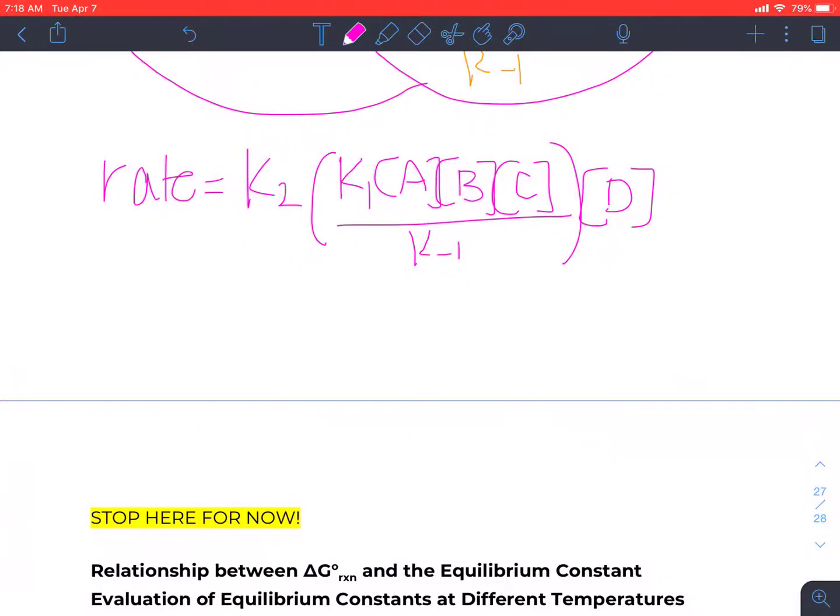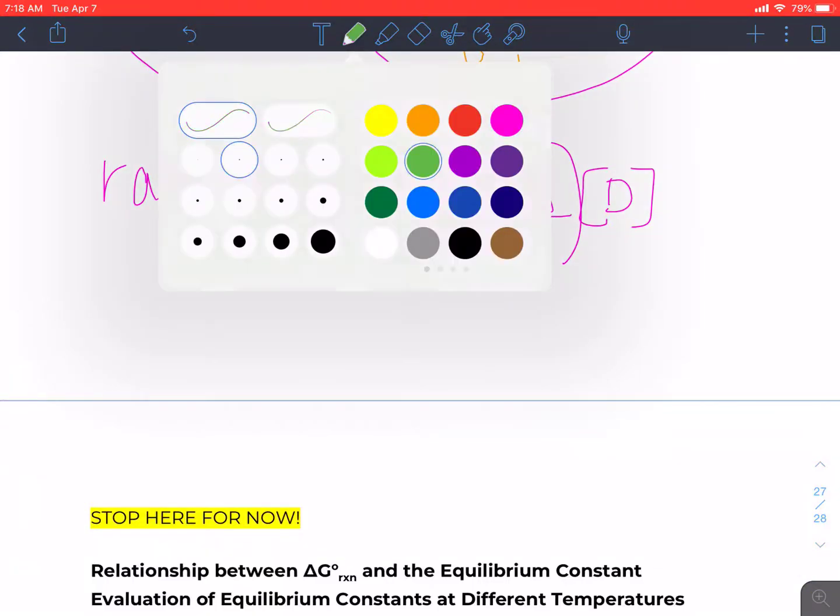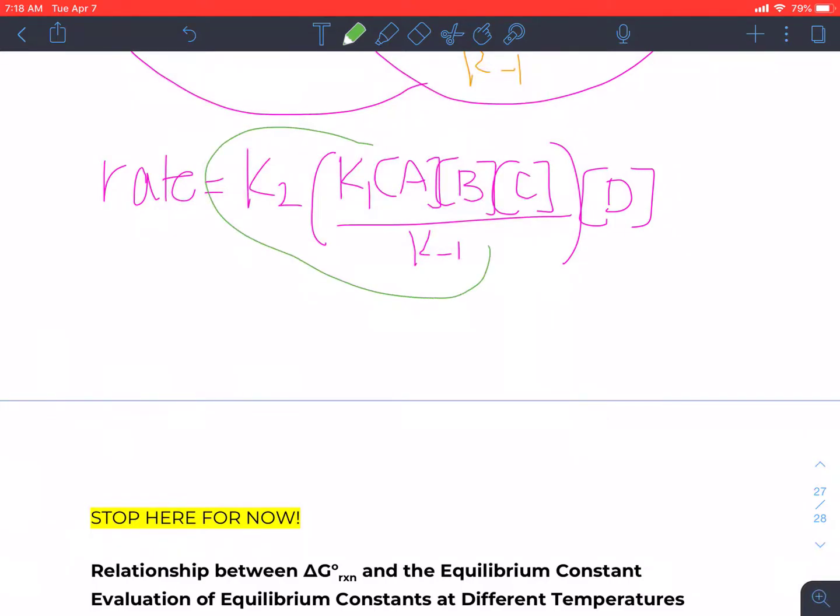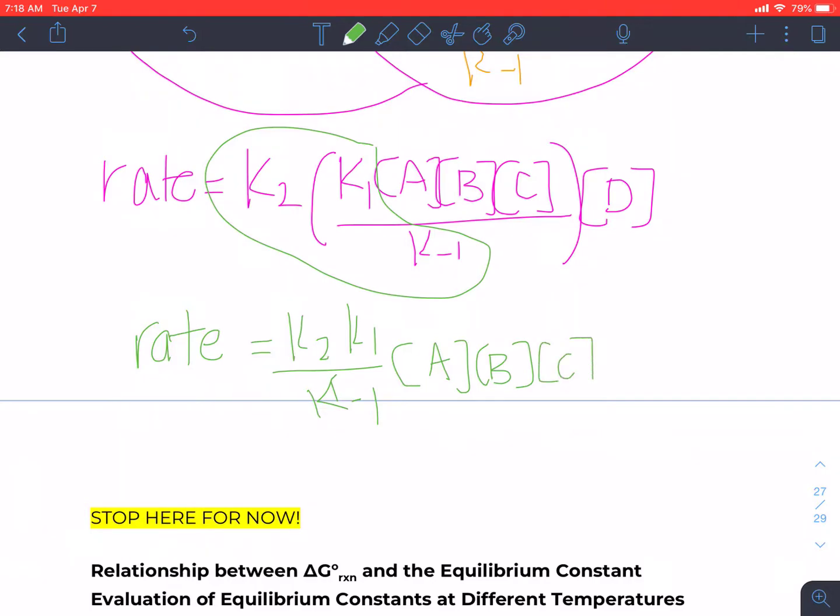Probably should have done a different pen color so that kind of pops. You can pull out all of these constants and write your final rate as K2, K1 over K to the negative 1 times A, B, C, and D.